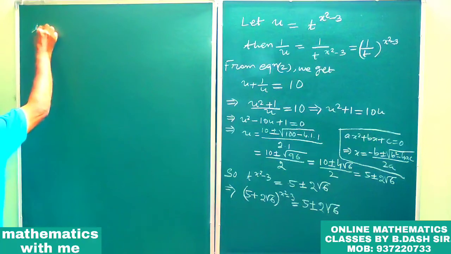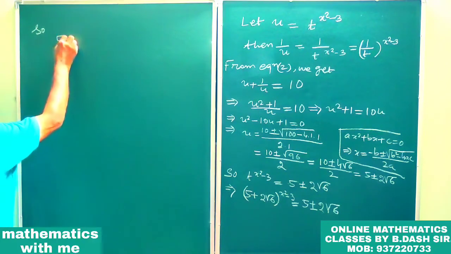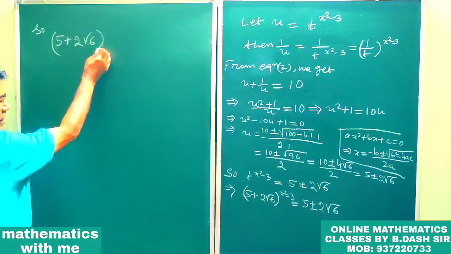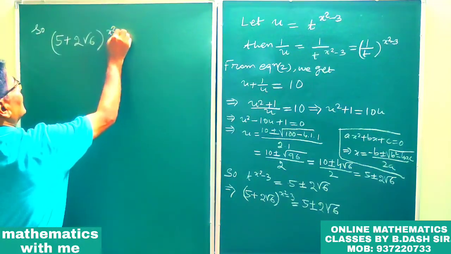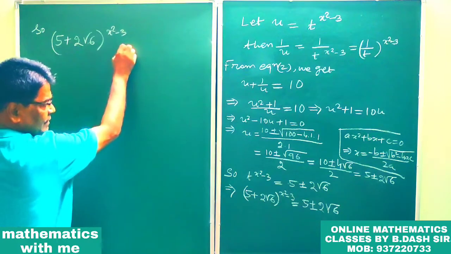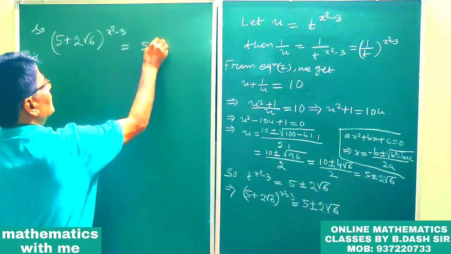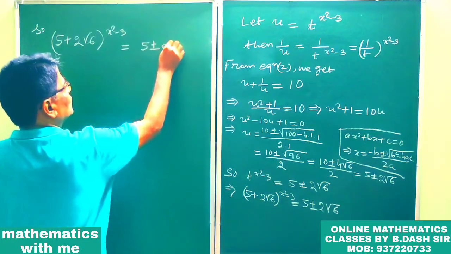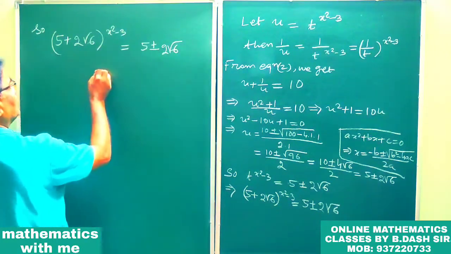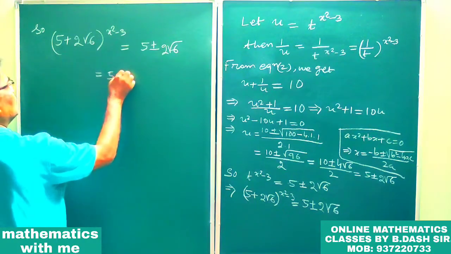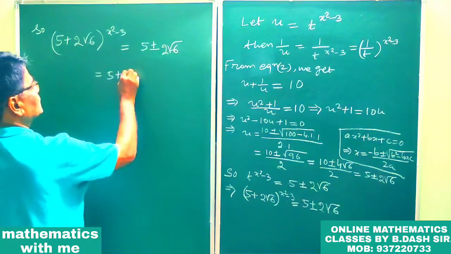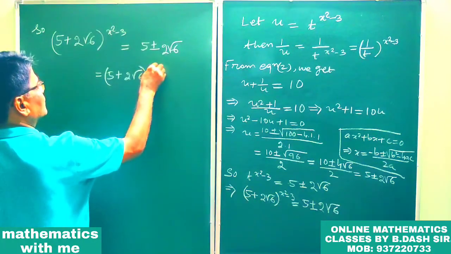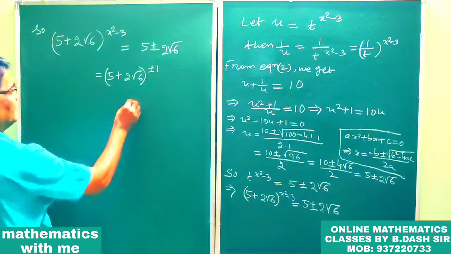So 5 plus 2 root 6 to the power x square minus 3 is equal to 5 plus minus 2 root 6. This is equal to 5 plus 2 root 6 to the power plus minus 1.